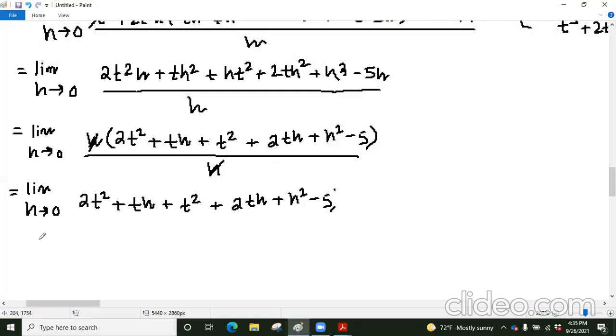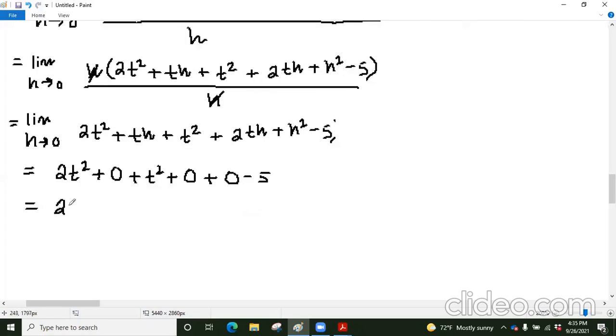And here we'll substitute for h because there's really nothing else you can do. 2t squared plus 0, because h times t would go to 0, plus t squared plus 2th, that has an h in there, that'll go to 0, plus 0 minus 5.